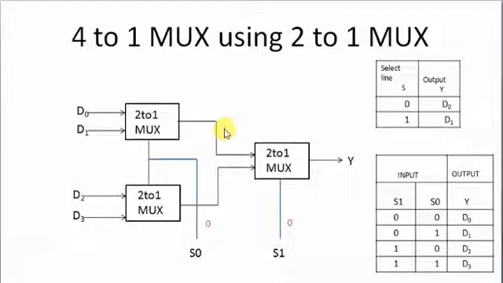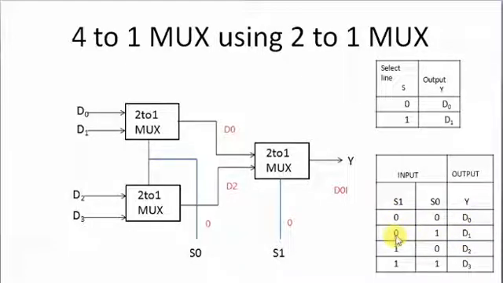So you can see D0 is selected here and D2 is selected here. Now in this MUX S1 is 0, so the first input D0 will be selected at output. So the final output will be D0. So you can see that at 00, D0 is selected as output.